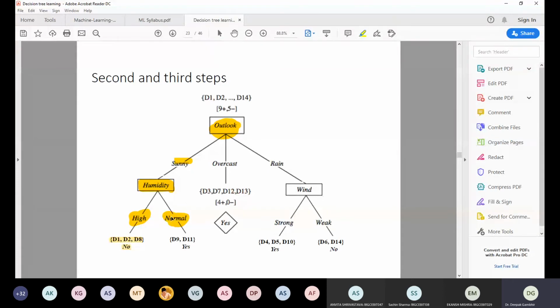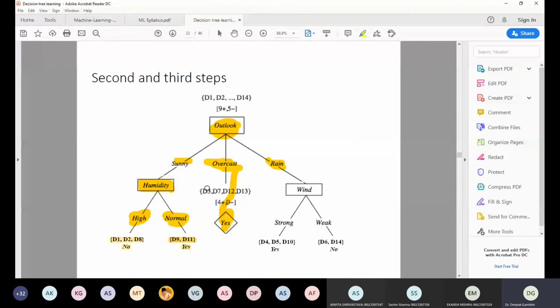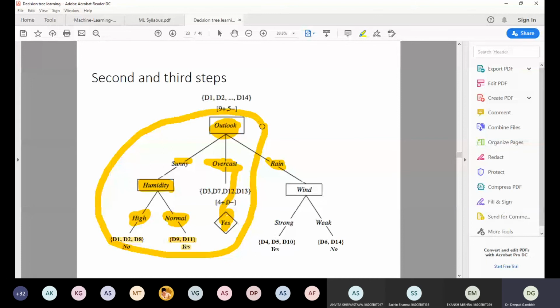Similarly, if you check humidity and normal from that table, then this would come out to be 2 plus and 0 minus, so this also becomes a leaf node. Similarly, we have made it for overcast, this is going to be a plus. If we check for rainy, we are left with two more parameters, wind and temperature, because humidity and outlook are already used on this side.